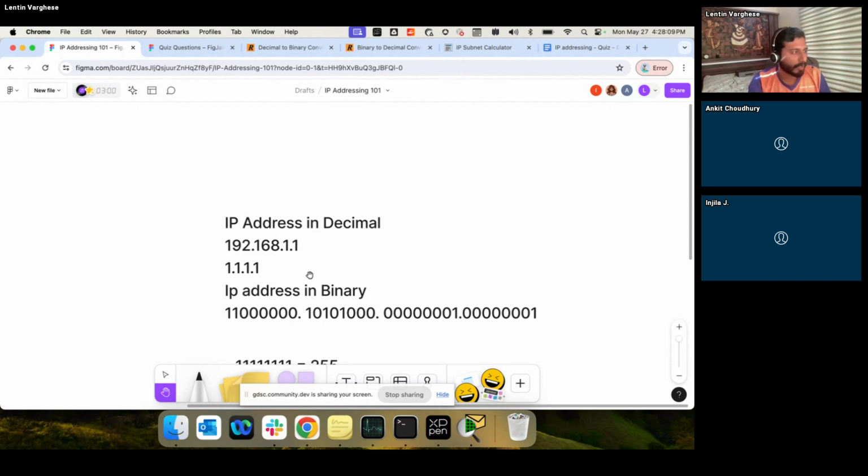Any questions so far? We good? Okay, I'm gonna assume. Yeah, go ahead. Yeah, I was gonna say, you said that every computer needs its own IP address because it's something that's private to the computer. So I'm assuming every device has a different IP address, right? Like mobile computers and all that.